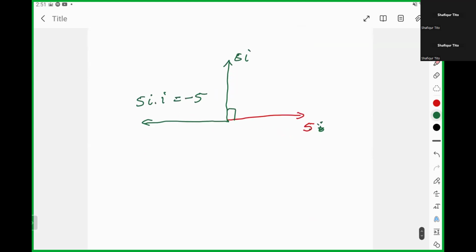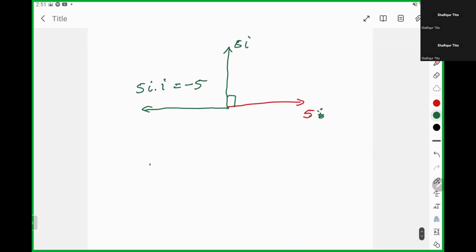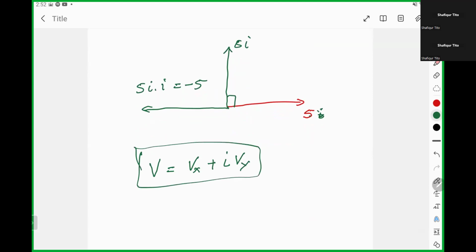So mathematically, the vector V would be equal to Vx plus i times Vy. This becomes my complex representation. Get the idea? Okay, we'll start from this one again.